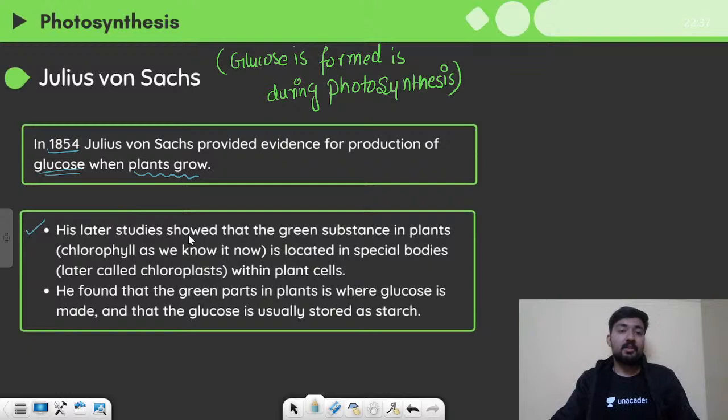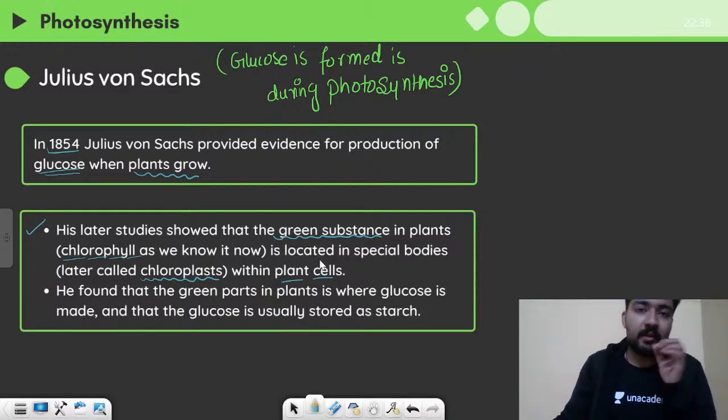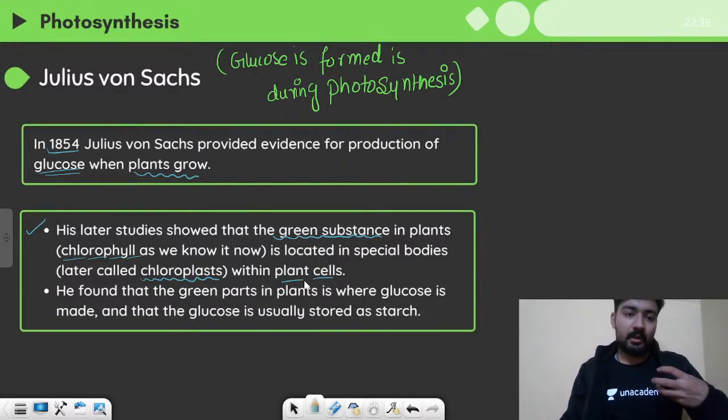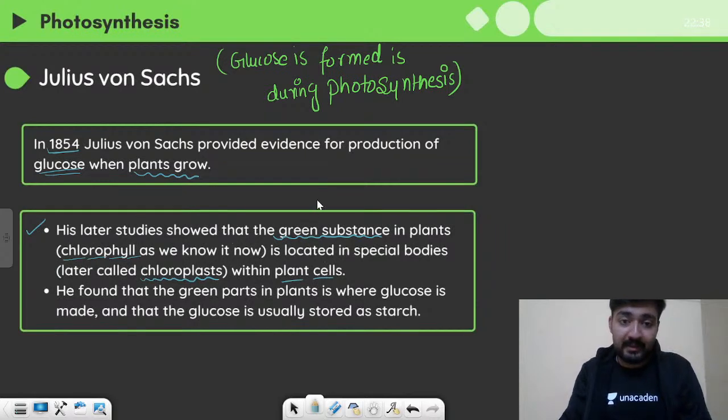His later studies showed that some green substance in plants, which we today know as chlorophyll, is located in special bodies. What are those special bodies? Today we call them chloroplasts within the plants. So he gave an idea that glucose is formed with the help of these green substances which are present in certain structures found in the leaves, in the plant cells, and those structures were chloroplasts.